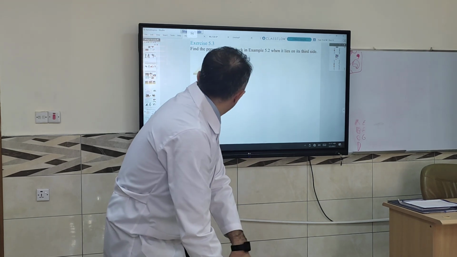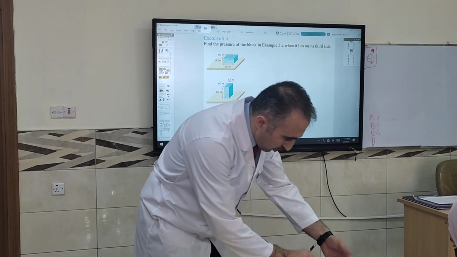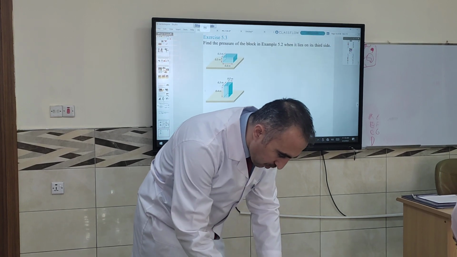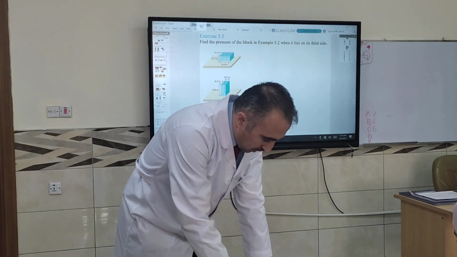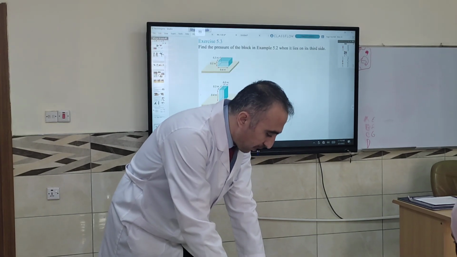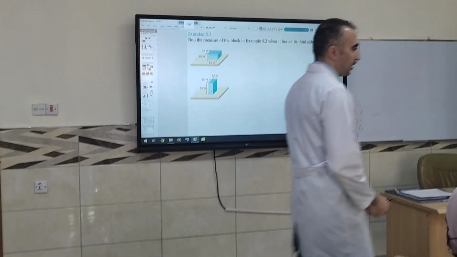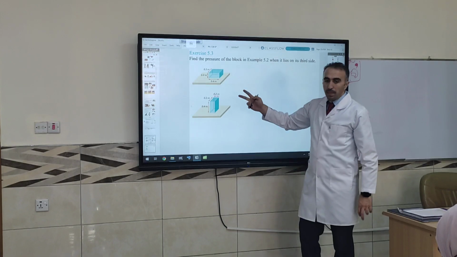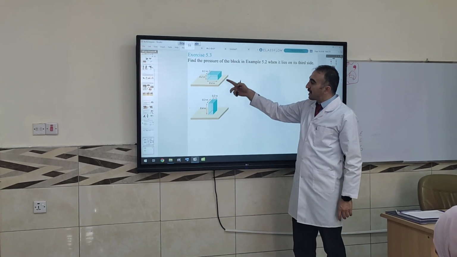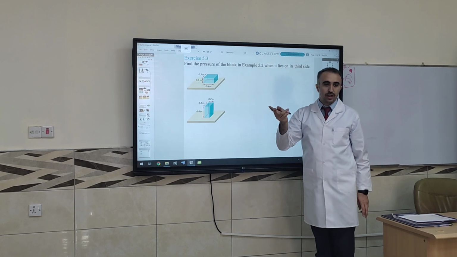5.3. Yes, that is the example. Here, exercise 5.3 will be your homework, okay? I will check next time. But it says that the other third side, okay?